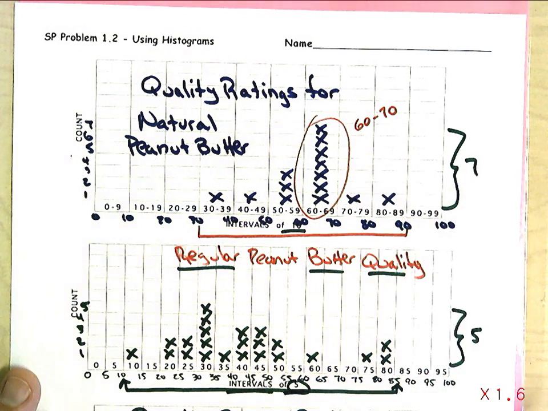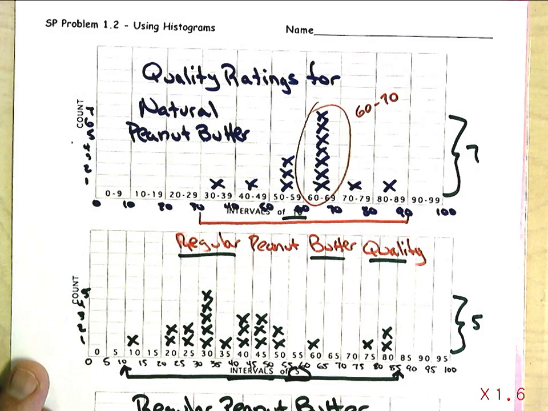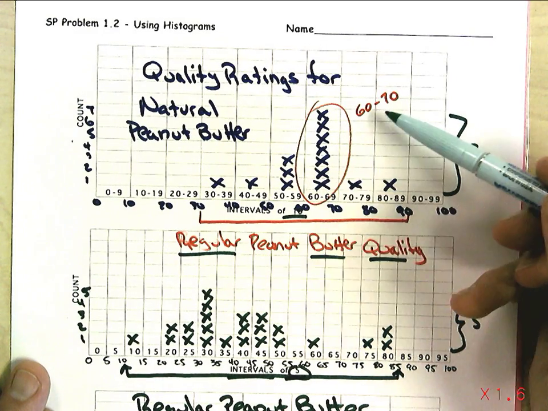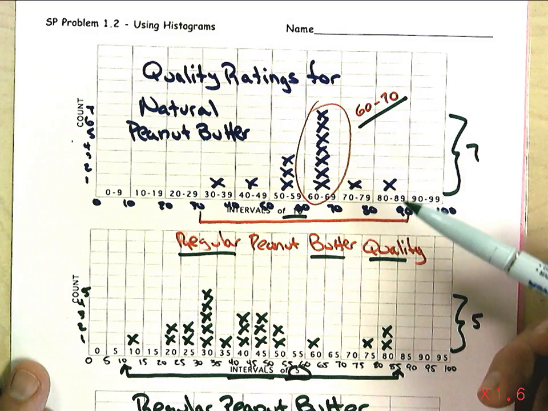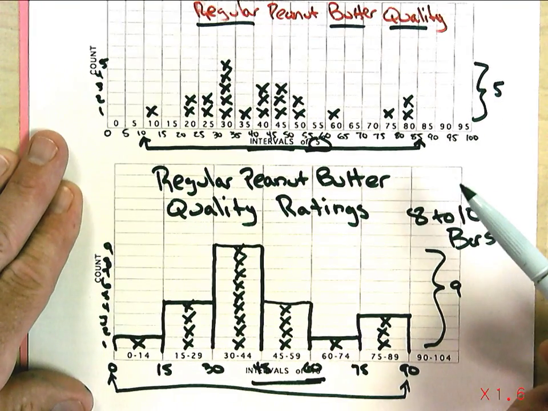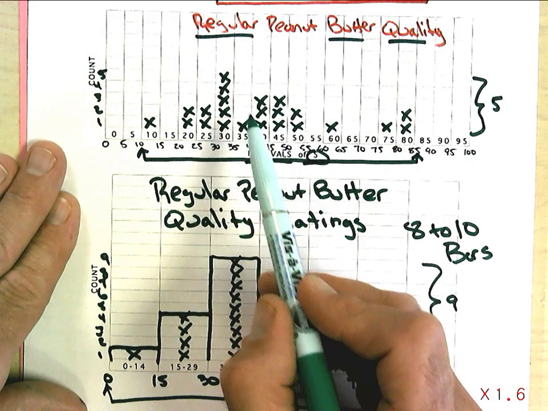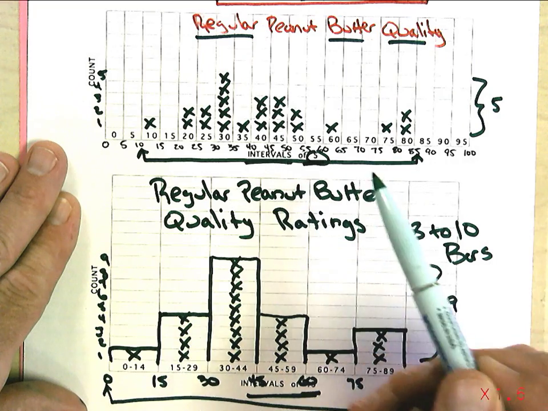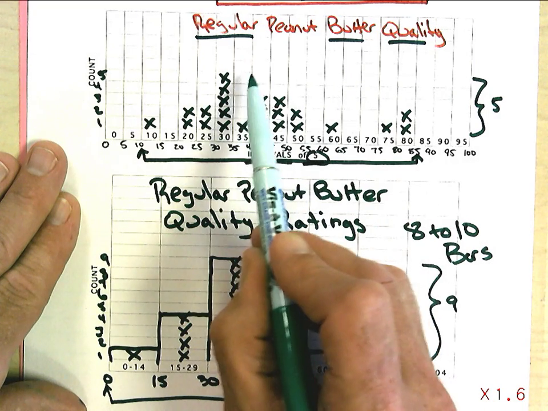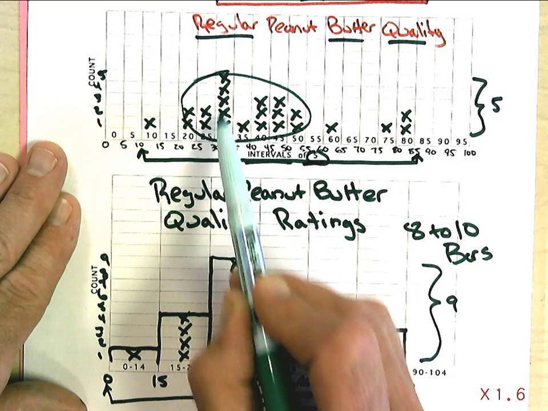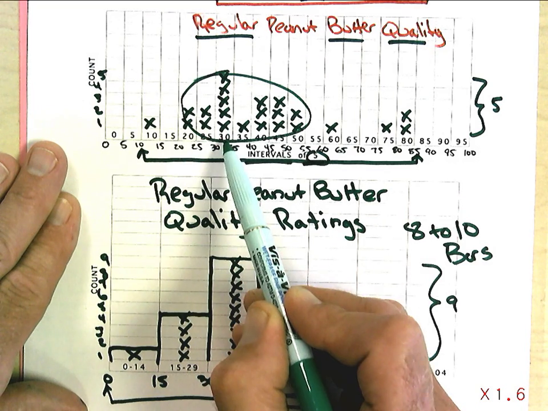But all of these histograms still give you some important information. This one tells you that the quality ratings for natural peanut butter are in the 60 to 70 range, mostly, typical. And both of these, even though they look different, still tell you that if you look at the quality ratings for regular peanut butters, there's kind of a cluster of data all right here in this zone with a bigger chunk in the 30 area.